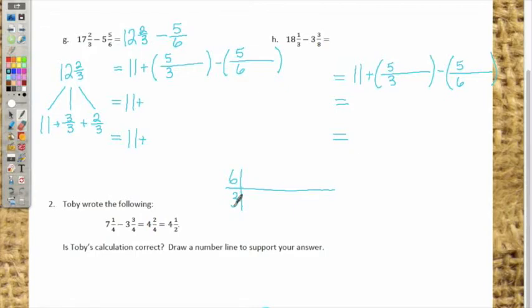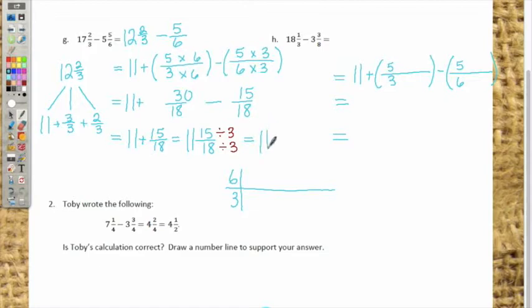I'm going to start with just using 18. You gotta put 11 plus. I forgot.